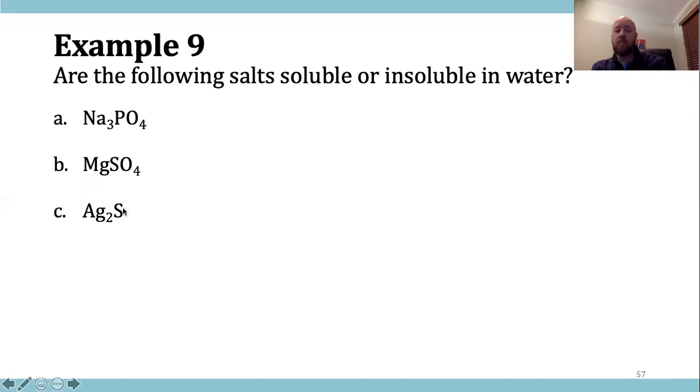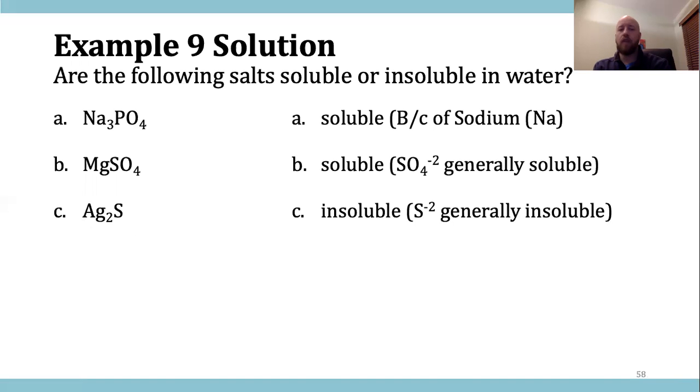Silver and the sulfides are generally insoluble, so the likelihood is that it's going to be insoluble. The top 2, we're not doing any reactions. This is just a salt. If I take this salt and put it in water, what's going to happen? That's the first kind of question.